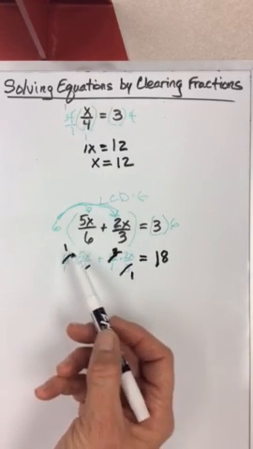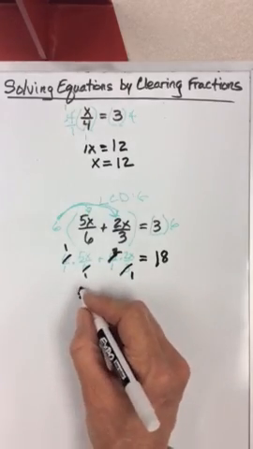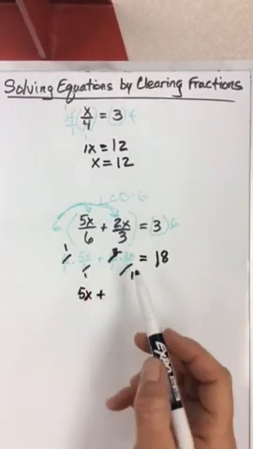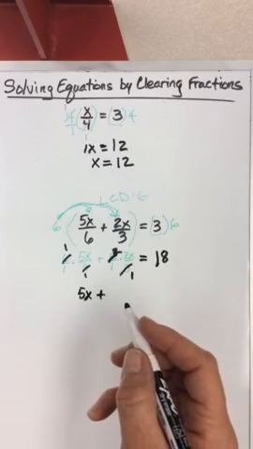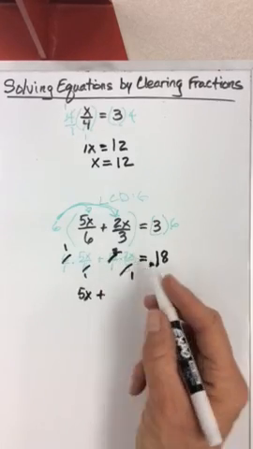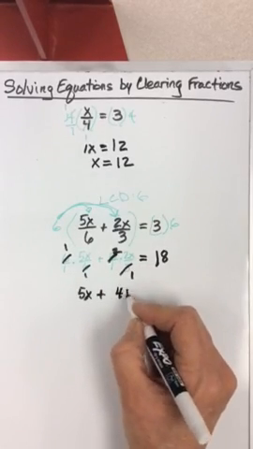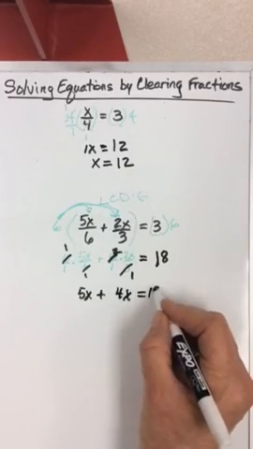So now I'm going to take 1 times 5x divided by 1, which is 5x, plus 2 times 2x, which is 4x, over 1, which is just 4x, equals 18.